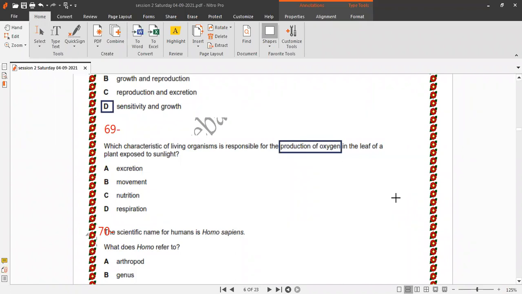Excretion. Wait, habibi, wait. Which characteristic of living organisms is responsible for production of oxygen? Respiration.